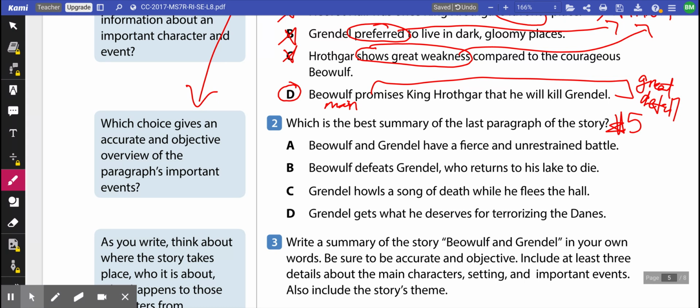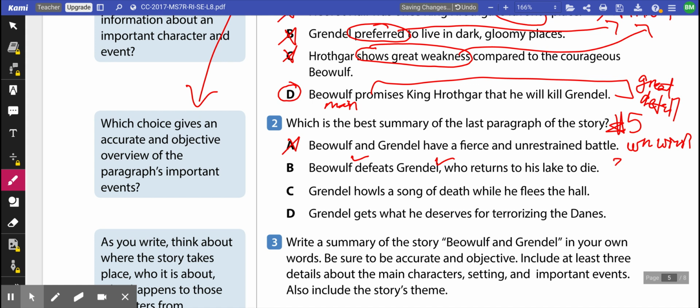They do have that, but does it tell me who wins? If it doesn't tell me who wins or how it actually ends, then is that a good summary? No. B says Beowulf defeats Grendel, who returns to his lake to die. Well, do I have who wins? Check. Beowulf defeats Grendel, and Grendel goes to his lake to die. It tells me what happens at the very end. That's a really good possibility.